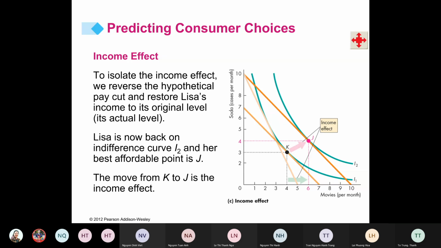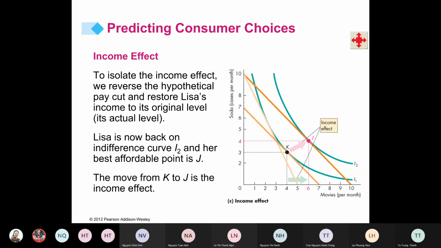If you see in the figure, from K to J the two budget lines are parallel, meaning that there is no price effect. The price stays the same between these two budget lines, right? What changed is the income. Two budget lines are parallel, meaning that the income changed.